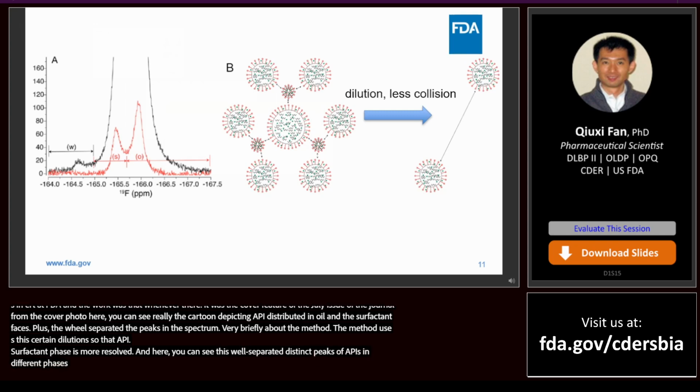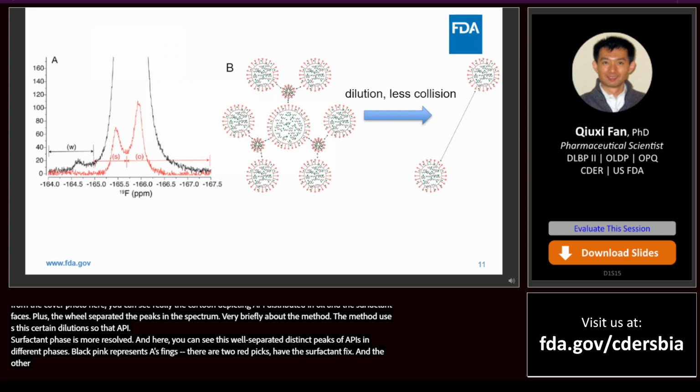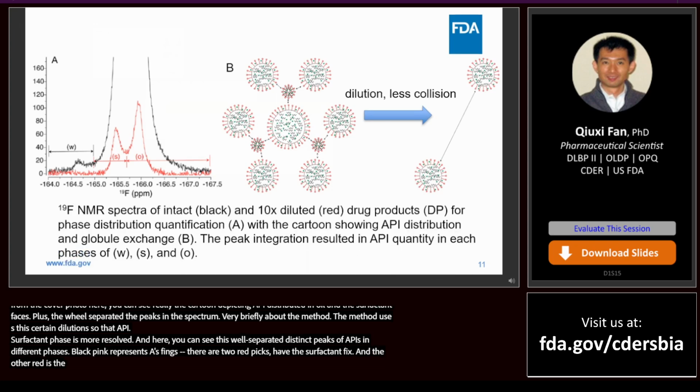The black peak represents API in the water phase. There are two red peaks. The left one represents API in the surfactant phase, and the other red peak is API in the oil phase. Here is the brief description of the spectral and method.